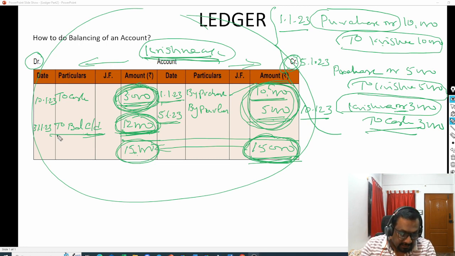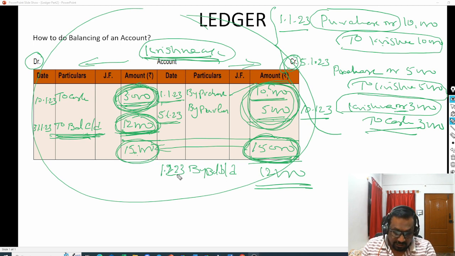So if I write to balance carried down here, then below this total, on the other side, since balance carried down has come in debit side, by balance brought down should come here. The next period is 1 February 23, this will go to next month.